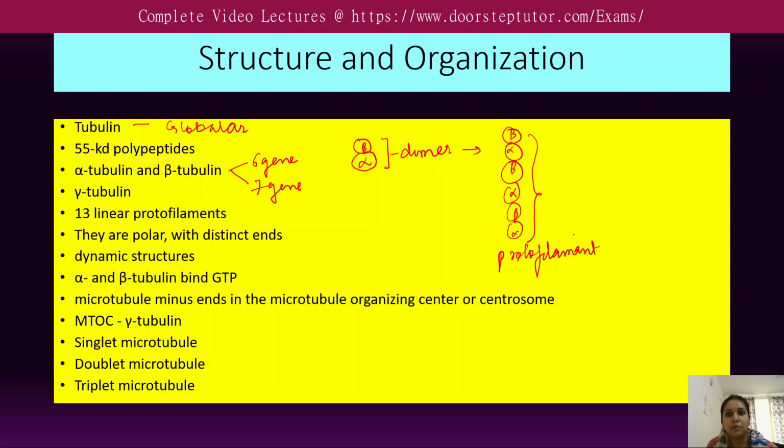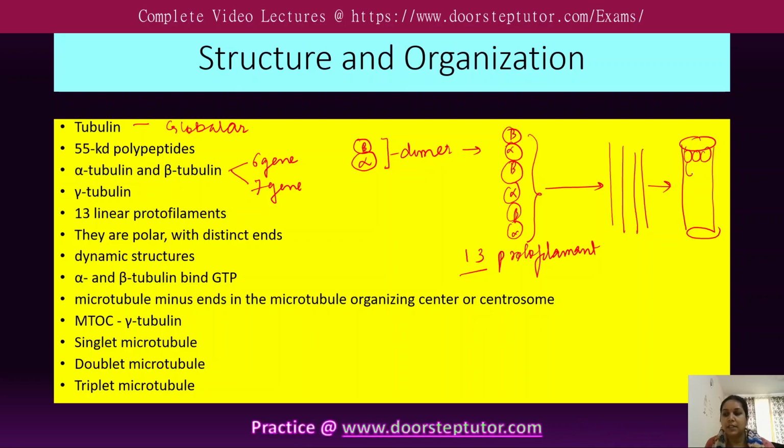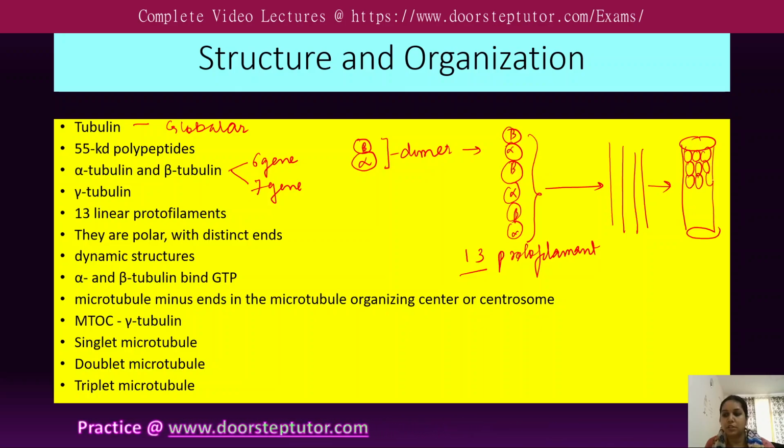Usually it consists of 13 protofilaments, and all these protofilaments are present in the form of a sheet, and afterward wrap around themselves around a hollow core, forming a structure like this. So this is basically the microtubule structure, consisting of 13 protofilament units.